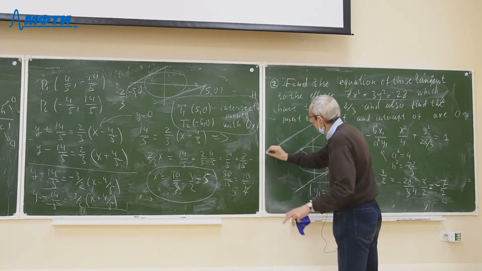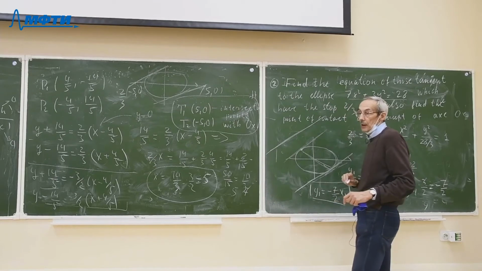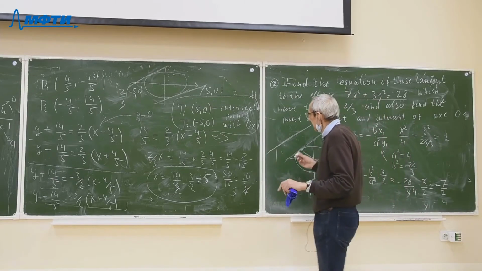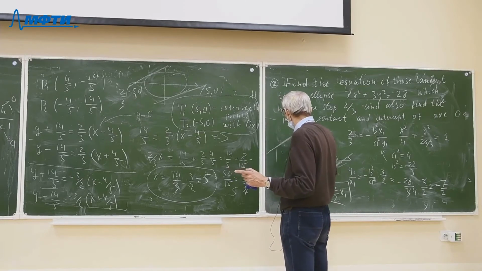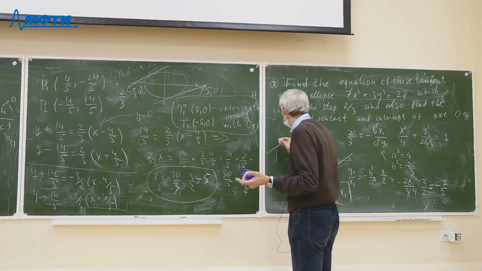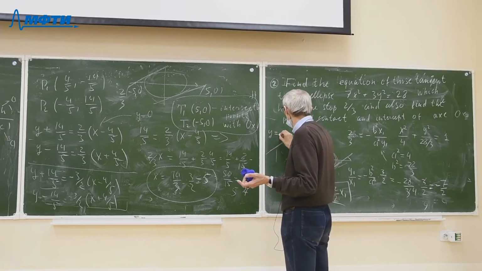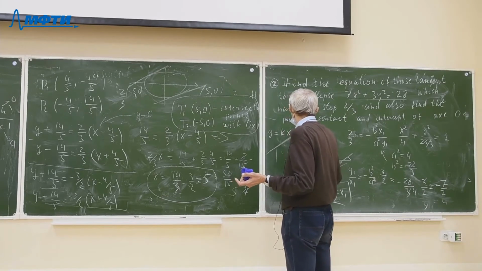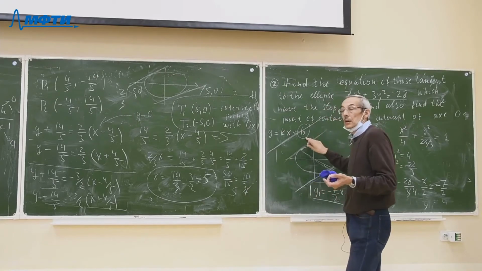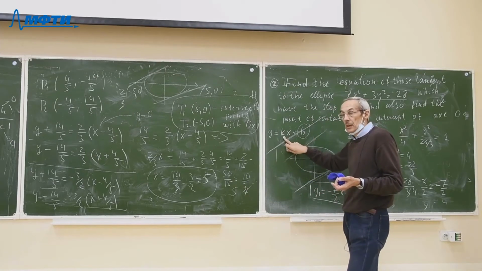I have some straight line. This equation of this straight line fixes only a slope. This straight line has a general form: y is equal to k times x plus b. b is a parameter, k the slope.